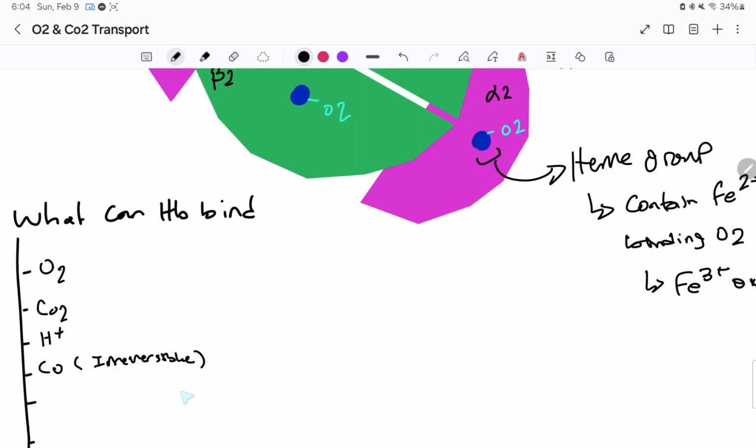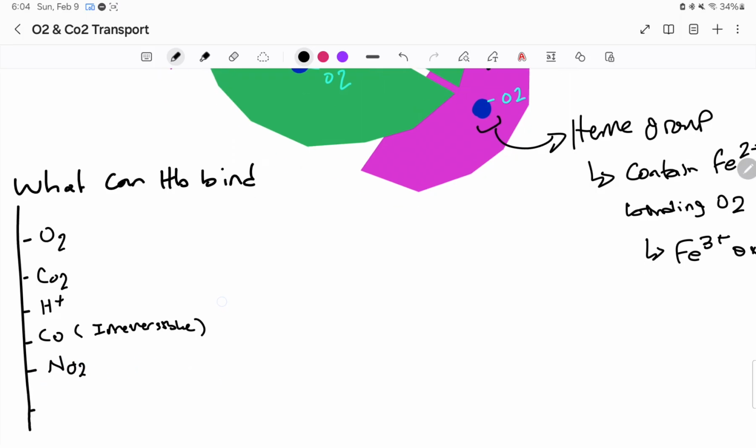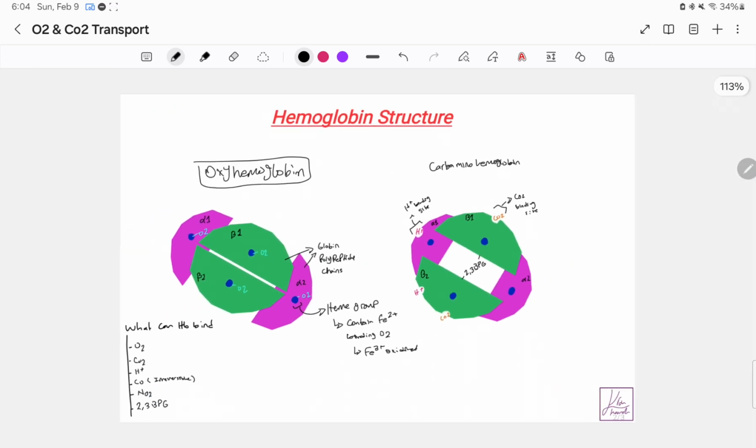Other things that can bind are nitric oxide, and finally 2,3-BPG, which we just learned about. So these are all the things that can bind hemoglobin.